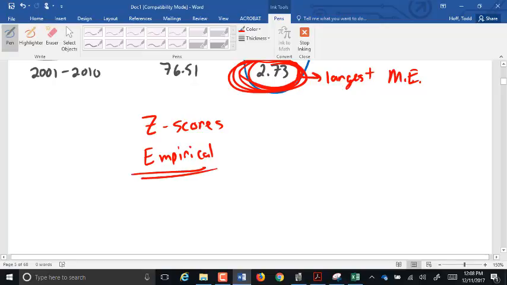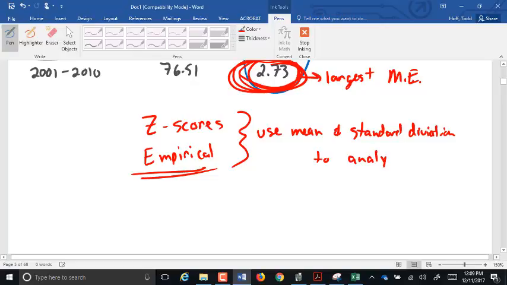There's something we haven't talked about yet, but what the z-scores and the empirical rule do is they show how we use the mean and that standard deviation that we calculated to analyze and compare data.